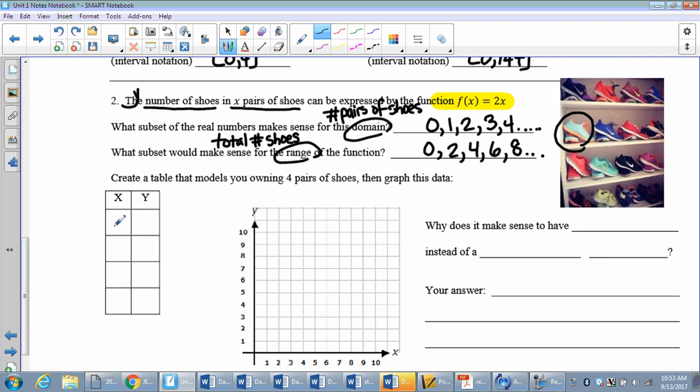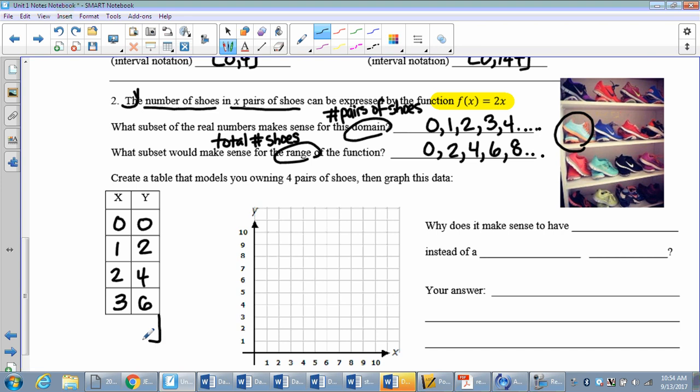So let's see. We can have 0, 0. That's no pairs. If I have 1 pair of shoes, that's 2, total number. 2 pairs of shoes is 4 shoes. 3 pairs of shoes, 6.